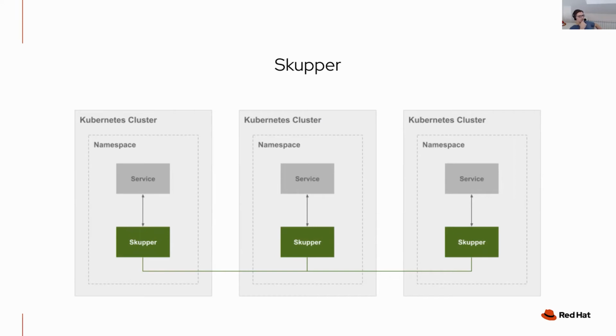So basically, to get an HTTP request from one cluster to another, that request would be encoded into an AMQP message sent over the router to the appropriate service in the appropriate cluster, and then reverse proxied back and invoked on the appropriate service running in that cluster.